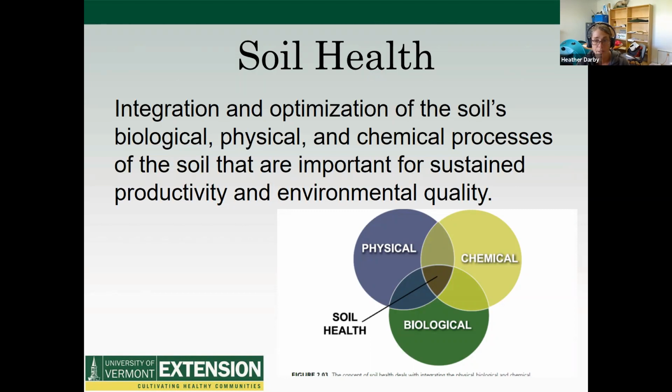So soil health itself is really looking at the integration and also the optimization of the soil's biological, physical, and chemical processes.